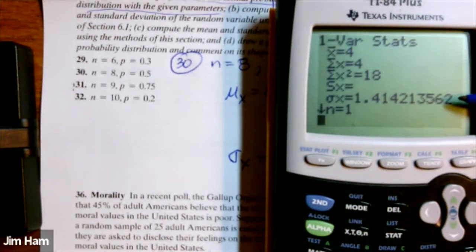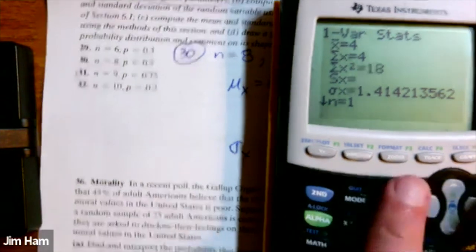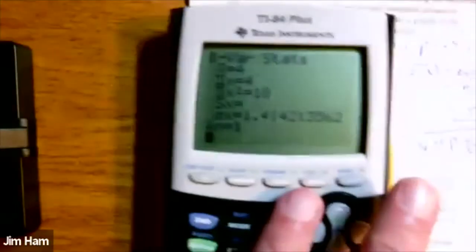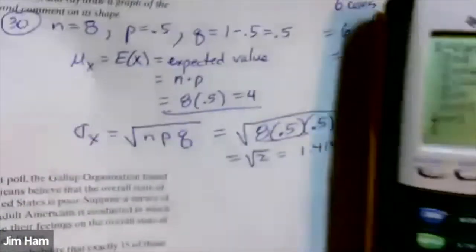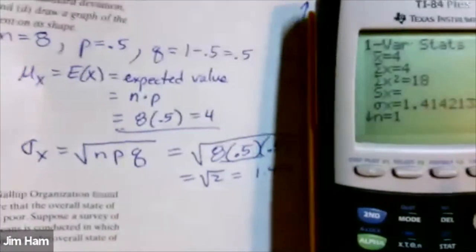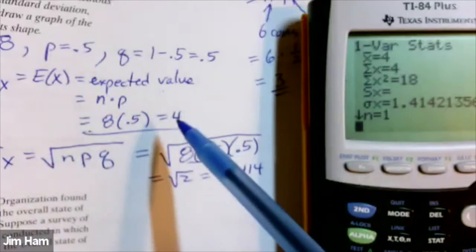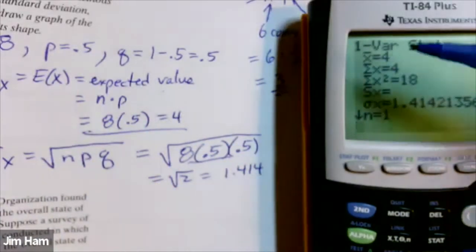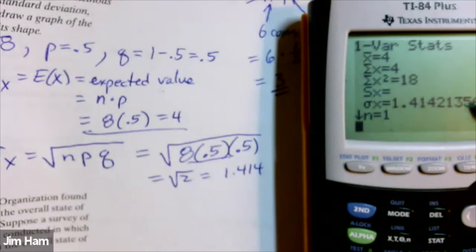Notice what SX, or sigma X, is: the mean and the standard deviation that we just calculated. Let's see if I can get them both on the screen here. We calculated the mean to be 4, there it is, and we calculated the standard deviation to be 1.414, and there it is.